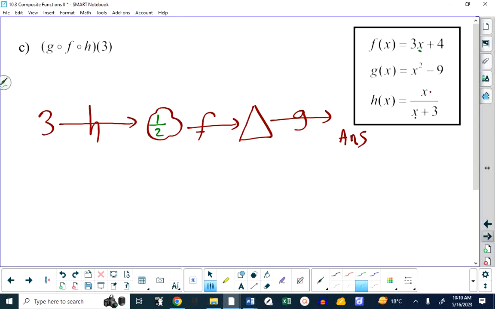No, I want to say 11 over 2. So 11 over 2 comes out. I'm not showing a lot of work right now because I'm just in teaching mode, and I think you're just in learning mode, okay? We're not in the details and the procedures here in terms of writing exams. Now I need to put 11 halves in here, so I need to square 11 over 2 and subtract 9.